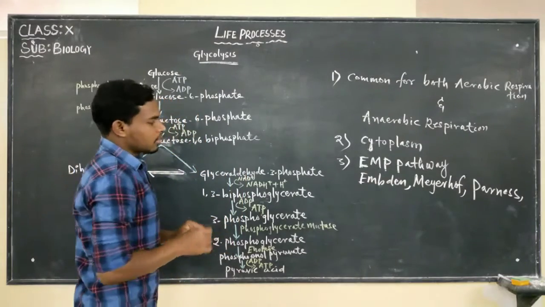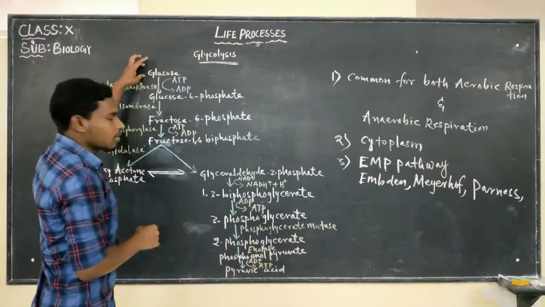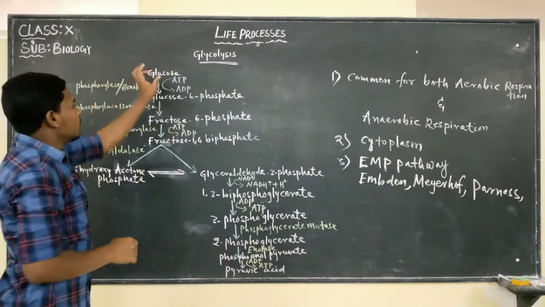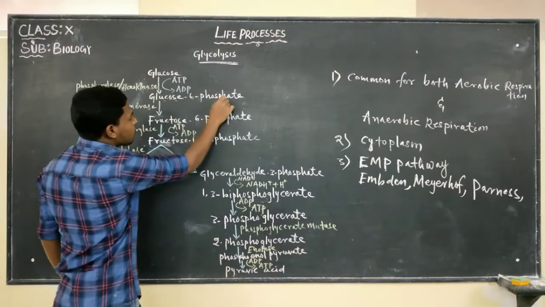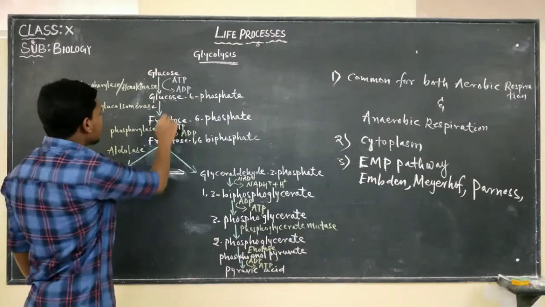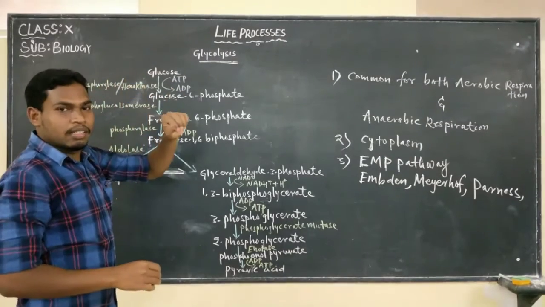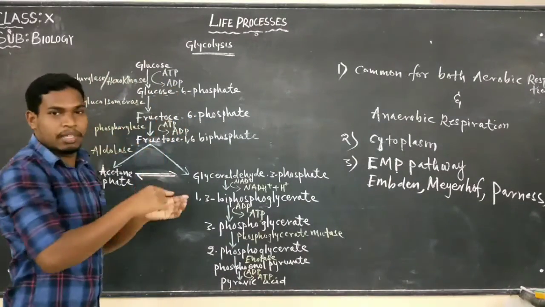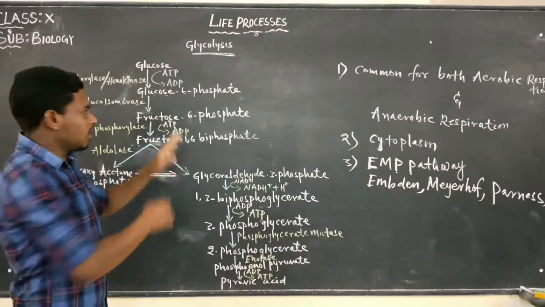So first we will start with glucose. Glycolysis starts with glucose, and this glucose gets converted into glucose 6-phosphate. Here ATP is invested, that means ATP is used. There are 2 phases in this process.